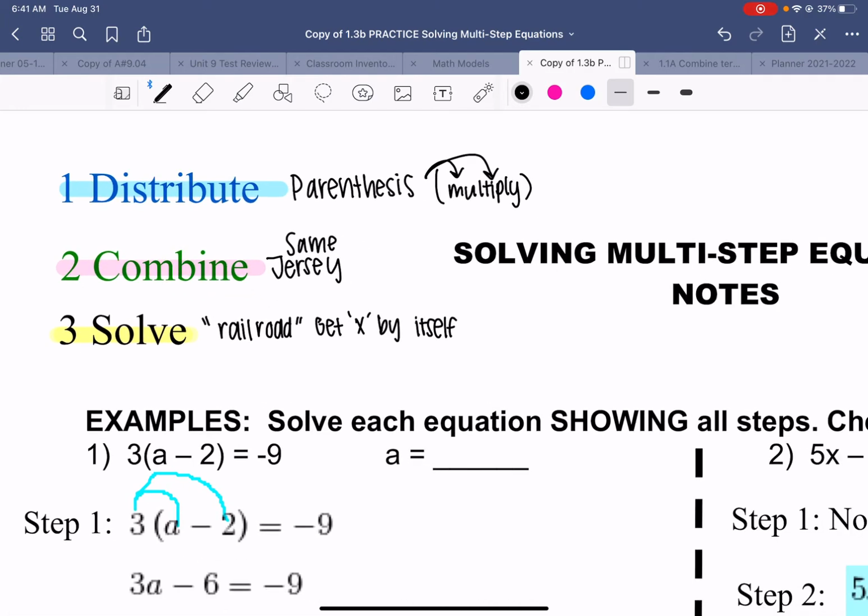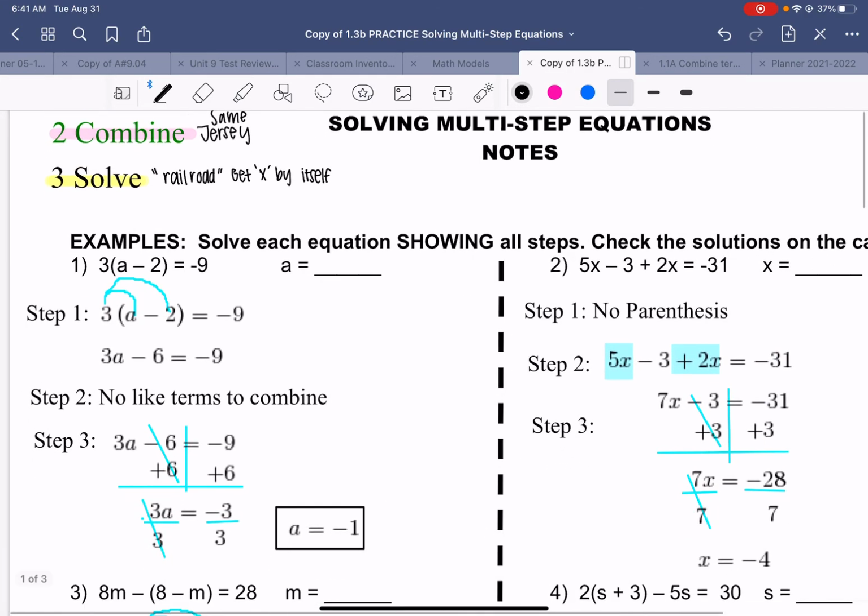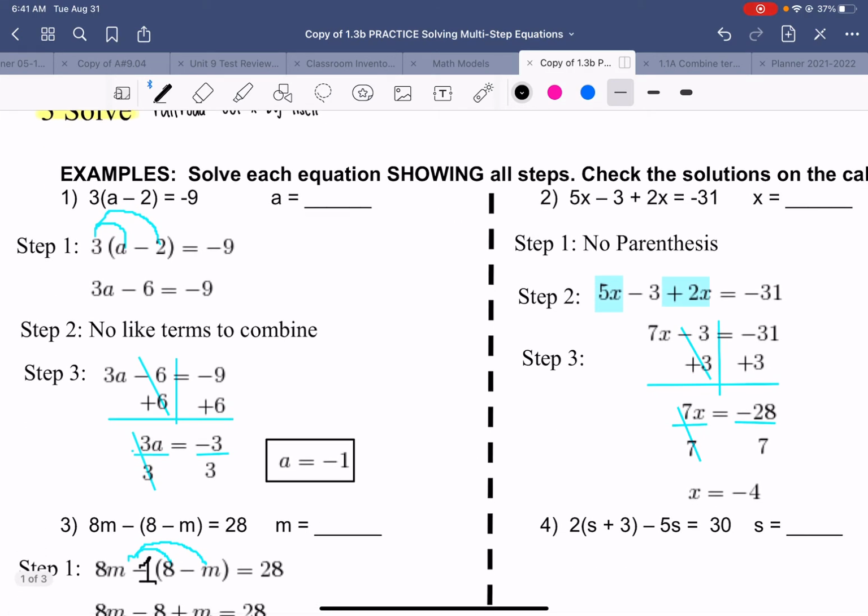Okay. So these examples right here kind of show you what happens if you have to skip a step. So in number one right here, we have 3 times (a minus 2). We see the parentheses, and every time we see parentheses, we're going to have to distribute. So we have 3 times a, which gets us 3a, and then 3 times negative 2, which gets us negative 6. There are no terms to combine here.